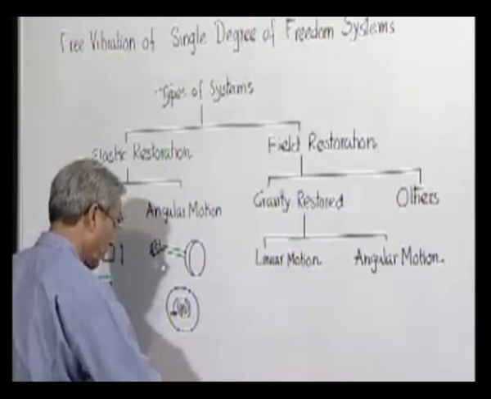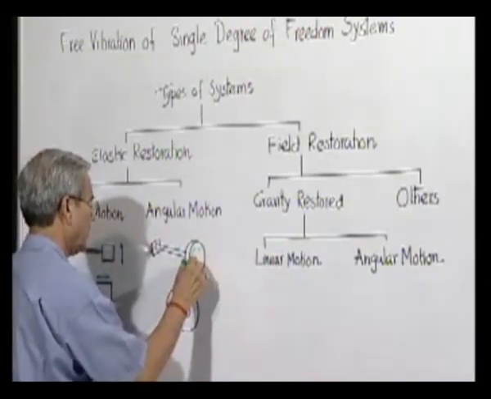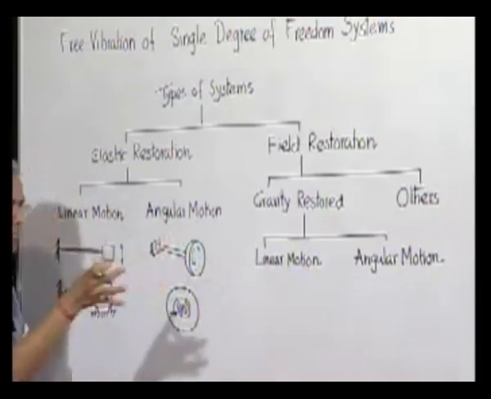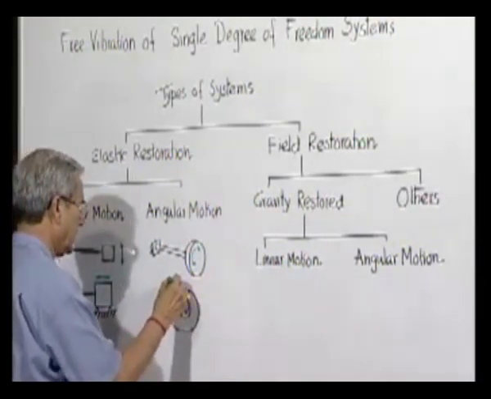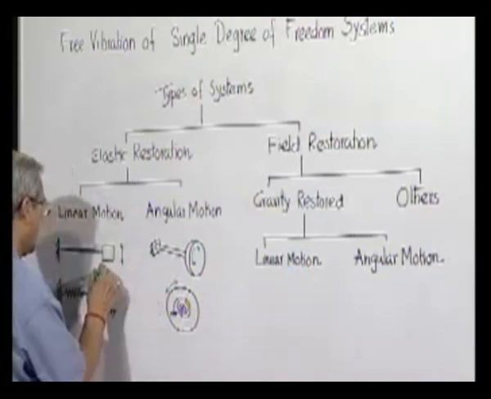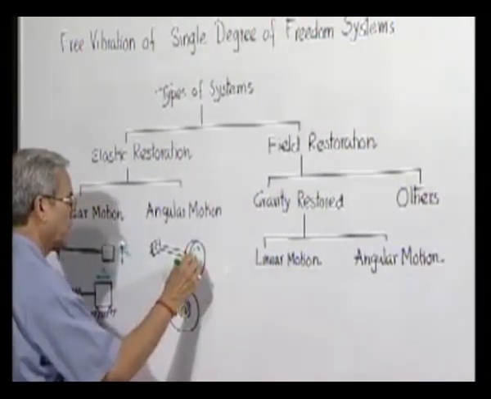Here of course we know that the oscillation will be angular. Same thing here, the oscillation will be angular. So here if it is represented by x, we will represent it by theta.